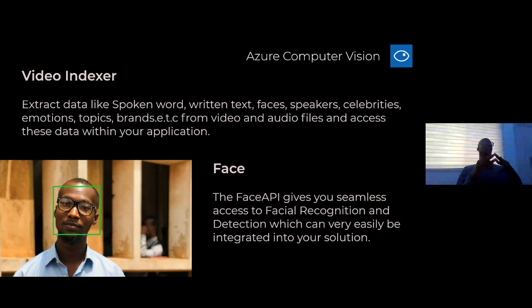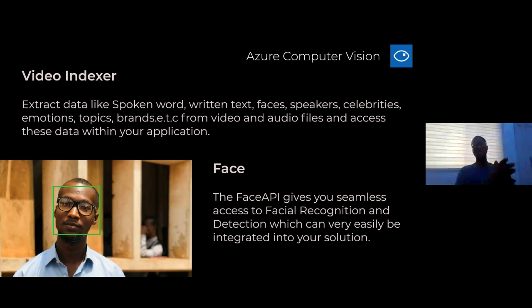Extracting spoken word means you can use something like this for subtitles. Maybe you're watching a movie and you want to add a subtitle to that movie. You can do that with video indexer. You want to find out which of your favorite celebrities are in a movie.